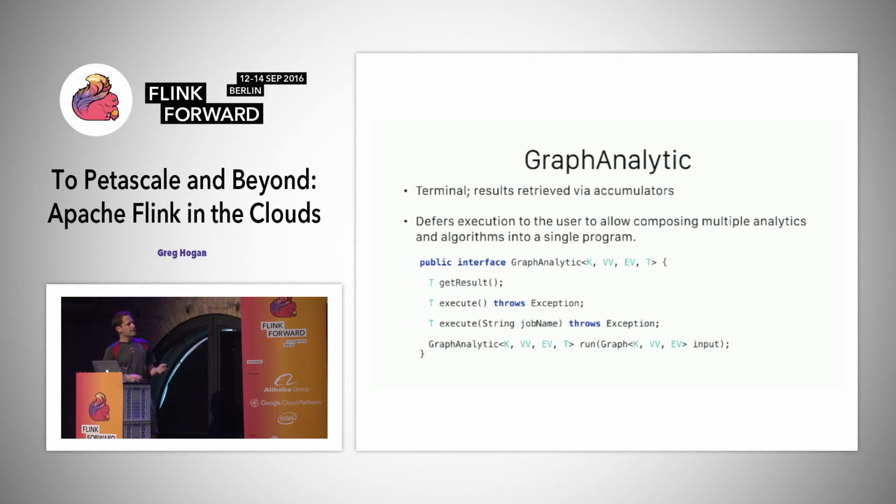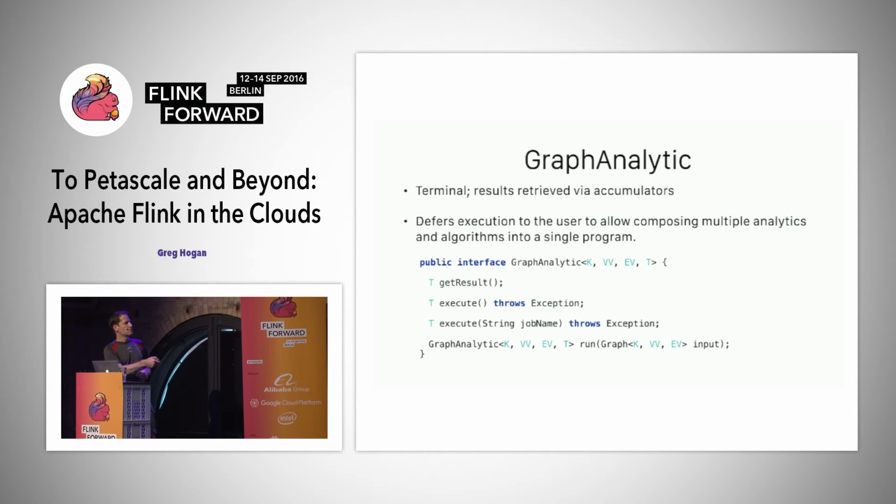This idea of a GraphAnalytic is very similar to when you call count or collect on a data set. What's happening is it's retrieving either the data set, all the values in the data set being returned through an accumulator, through a list, or count is returning it through an integer. So when you call count or collect, you execute your program. And we want to compose these algorithms so they can run at the same time. So we can't have collect calling execute for the user.